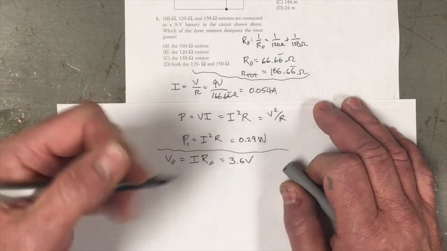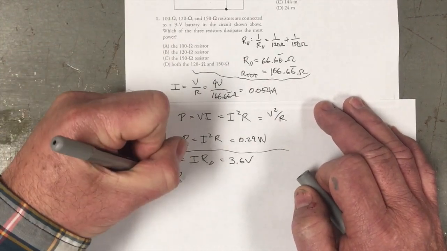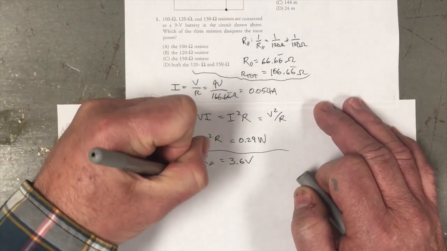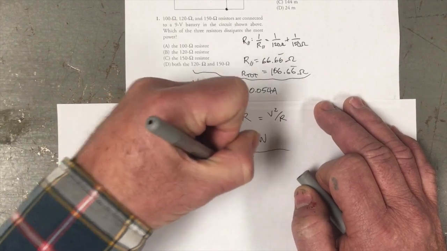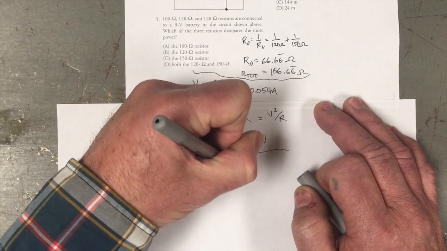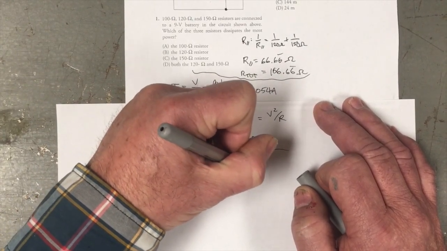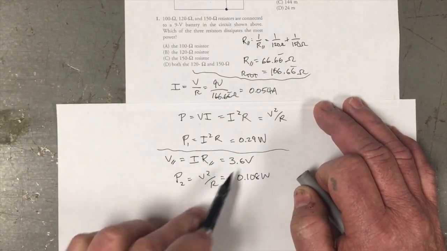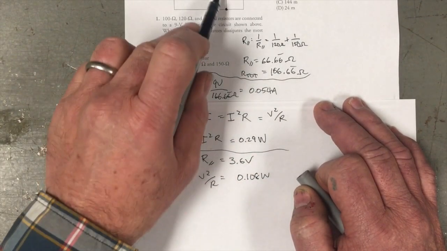Once I know that voltage, then power is pretty easy to calculate. So P2 is V squared over R, and I got 0.108 when I squared 3.6 and divided it by 120.